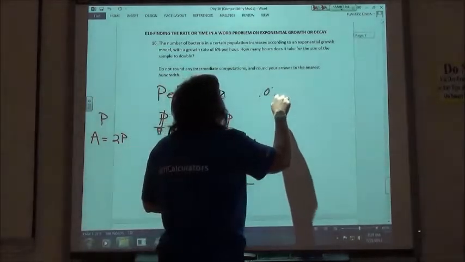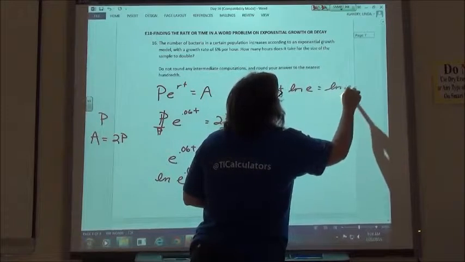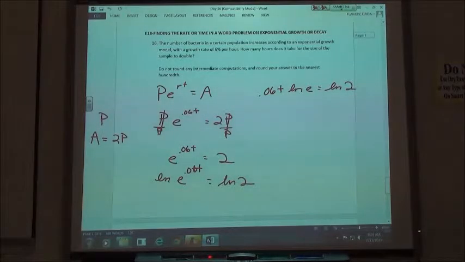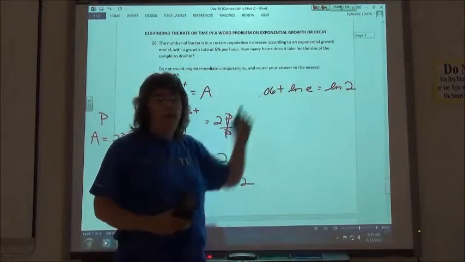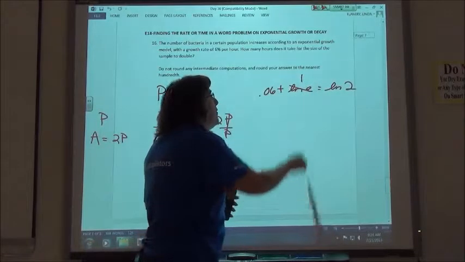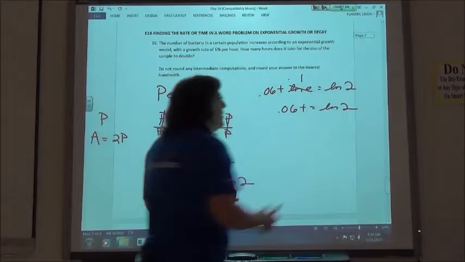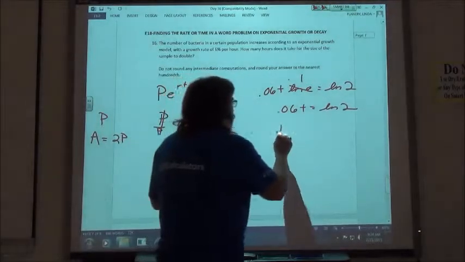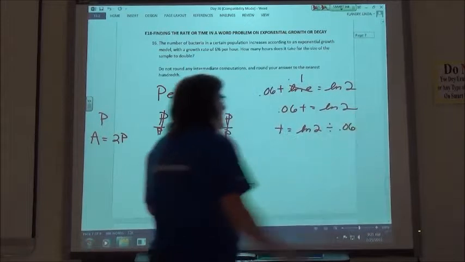So 0.06t times the natural log of e equals the natural log of 2. The natural log of e is equal to 1, so we can basically get rid of that because 1 times anything gives us that same thing. And then we can solve it for t by dividing. So t is going to equal the natural log of 2 divided by 0.06.